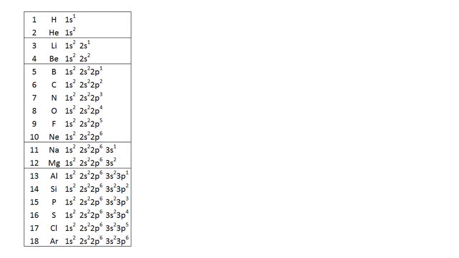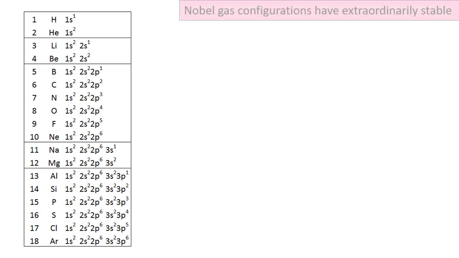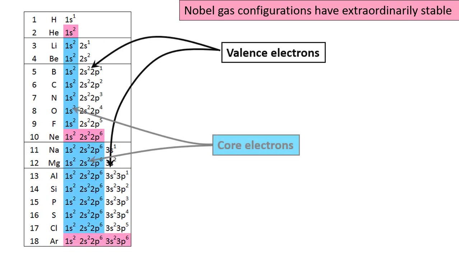So let's have a look at our list of configurations from hydrogen to argon again. We can identify the stable configurations associated with the group 18 elements. These are highlighted in pink. After each noble gas element, we begin to fill a new, larger shell.